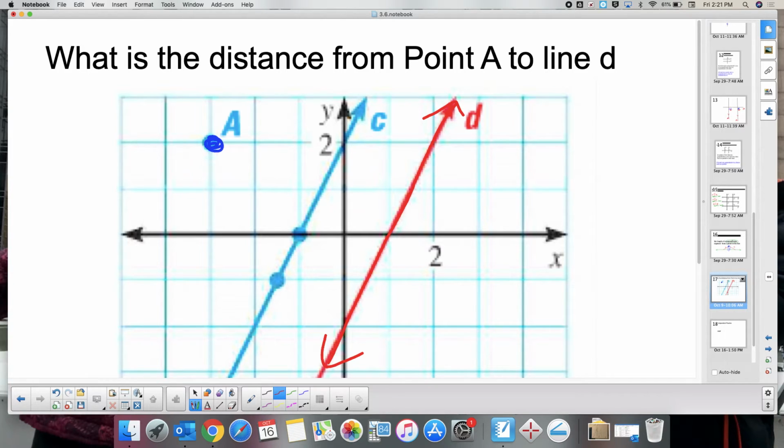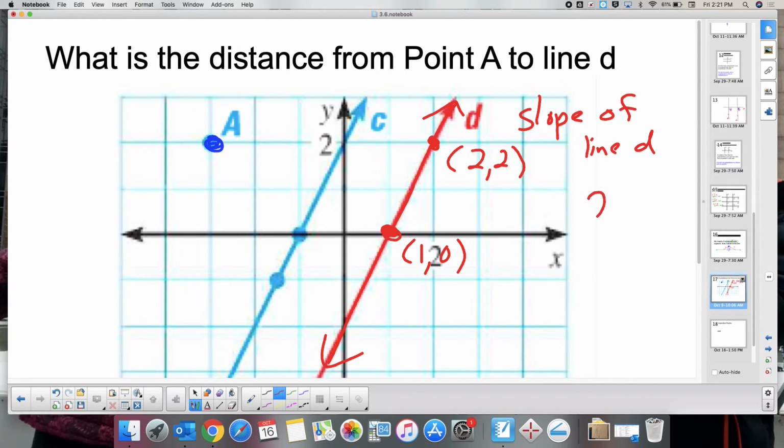Now, in order to find that distance, we need to find that perpendicular distance. So we need to work with our slopes, because that's how we tell if things are perpendicular. So the very first thing to do is find the slope of line D. Find 2 points that you can use on line D. Here's the point 1, 0, and I'll use this point here of 2, 2.